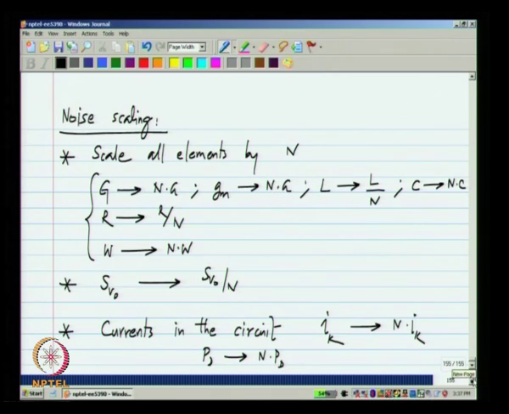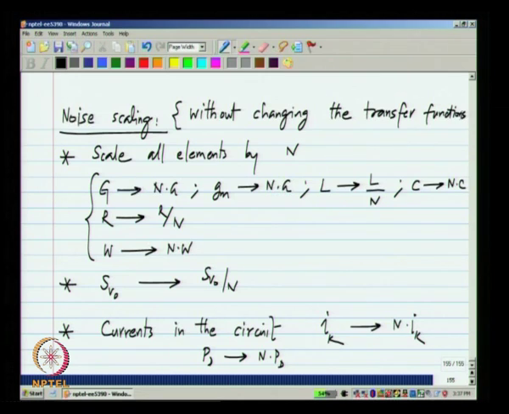Okay. So, this is a way of noise scaling, scaling it without changing the transfer functions in the circuit. You consider any transfer function in the old circuit and the new circuit, they will be exactly the same.